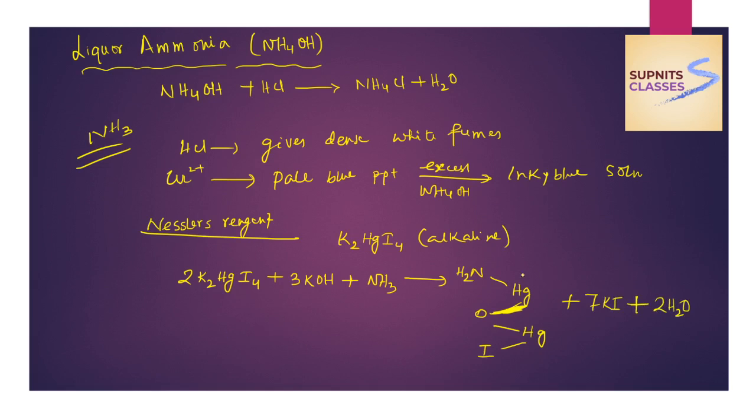Okay, this is called iodide of Millon's base, and this is the brown precipitate. Okay, okay guys.